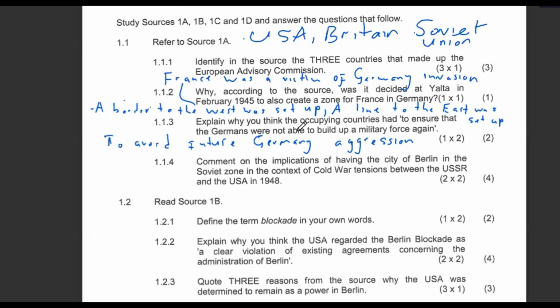The reason why they did this, they agreed on a border to the west, was to avoid future German aggression. So they wanted to avoid future German aggression, or you can also say that they wanted to protect France, which was a victim of the invasion during the Second World War.